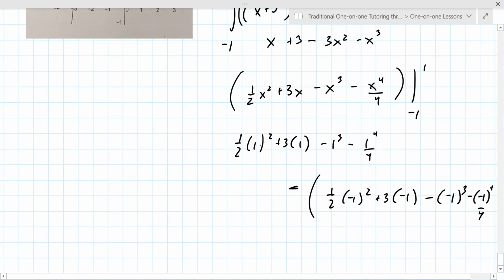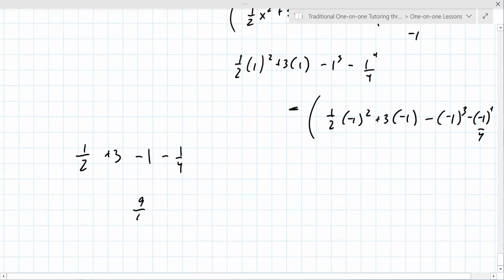Then you subtract out the other bound: 1/2 times -1 squared plus 3 times -1 minus -1 cubed minus -1 to the 4th over 4. So 1/2 plus 3 minus 1 minus 1/4 is 2 1/4, that's 9/4. Minus, we've got 1/2 minus 3, then -1 plus 1, and -1/4, but with the negative in front it's -1/2 plus 3 minus 1 plus 1/4.